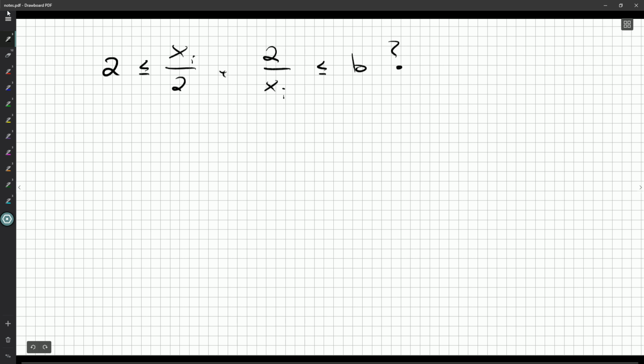If the product of these two numbers is fixed, here's my argument, and this is a decent writing argument.